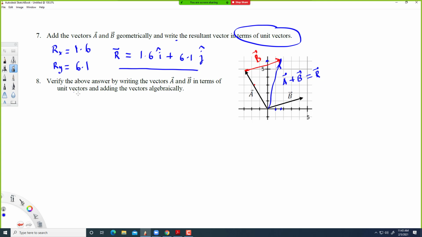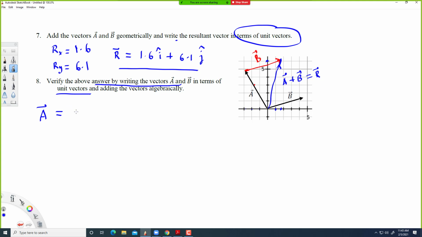Verify the above answer by writing the vectors A and B in terms of unit vectors and adding the vectors algebraically. So write in terms of components. A can be written as, let's see how many divisions we have, 1, 2, 2.8, something like that.